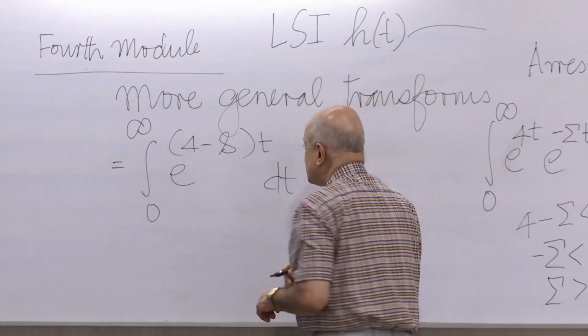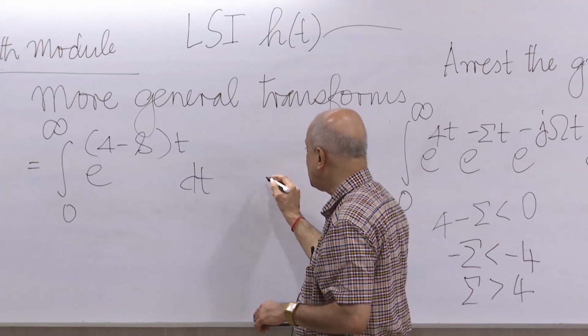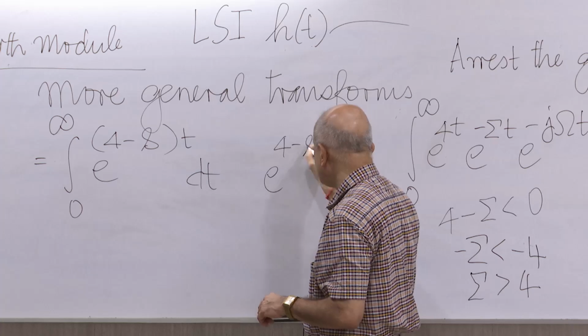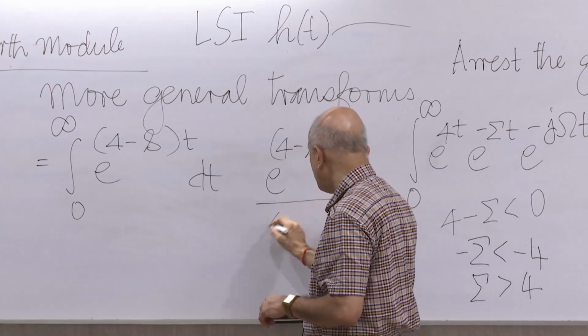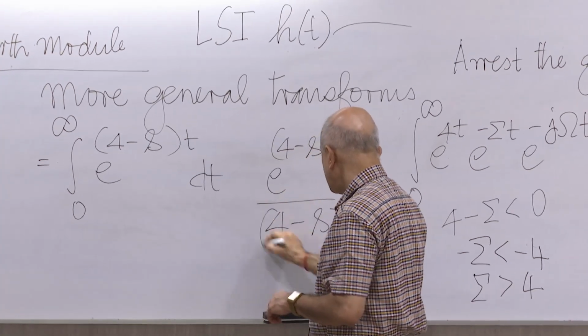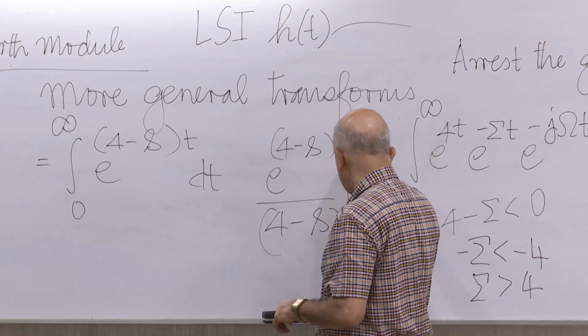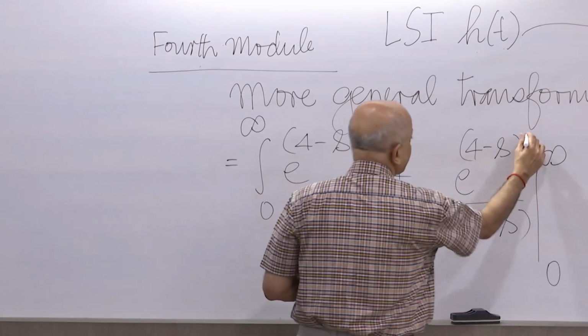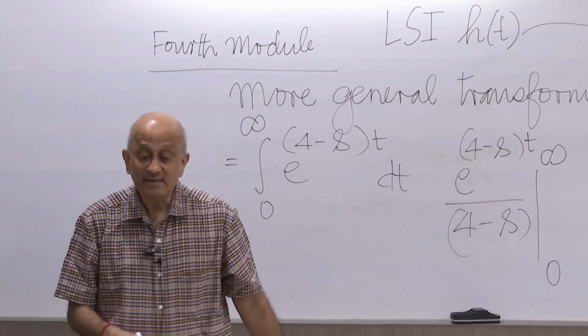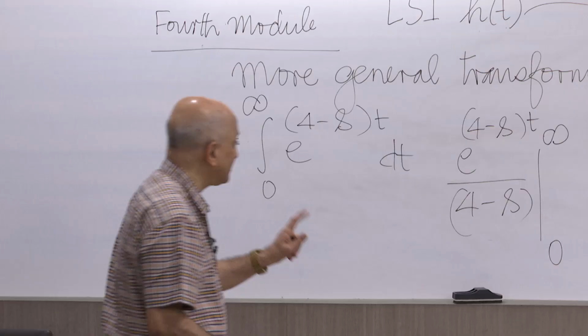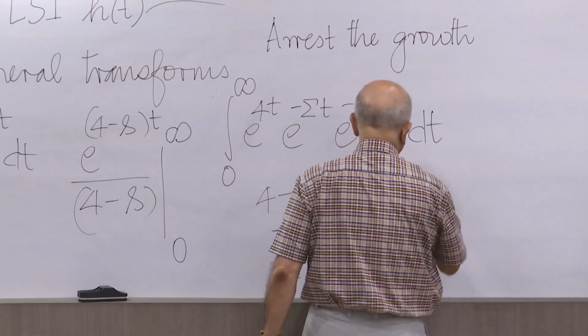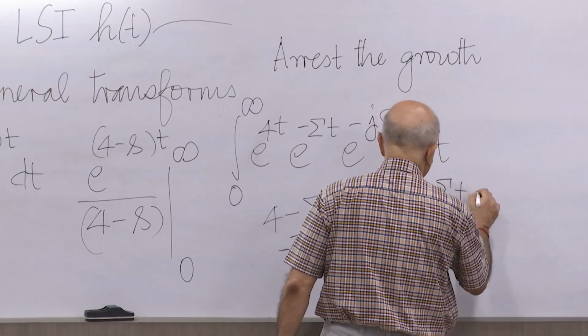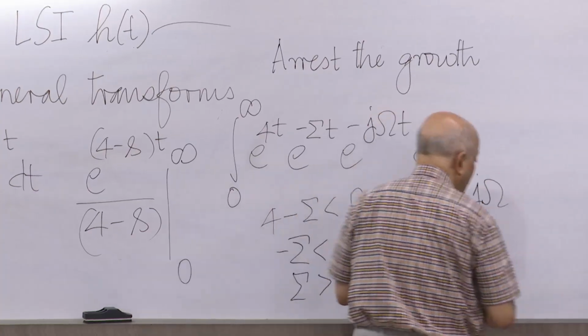And let's see what it gives you. So it gives you e raised to the power (4 minus s) t, divided by 4 minus s, and you need this to go from 0 plus to infinity. So you see, now s is sigma plus j omega. It's a complex variable.